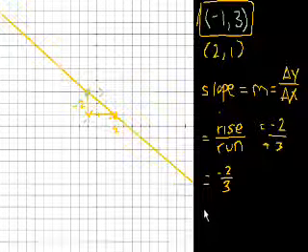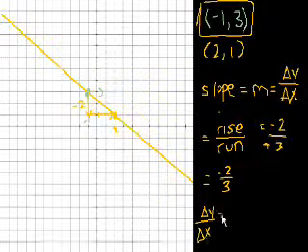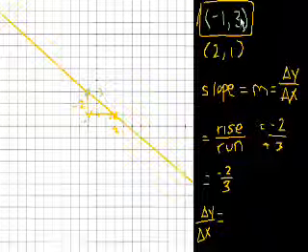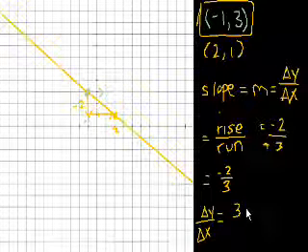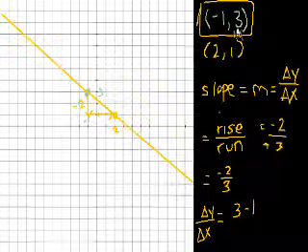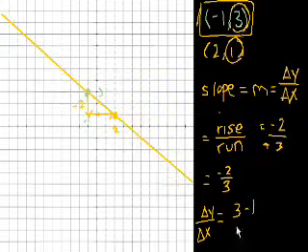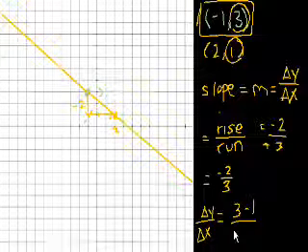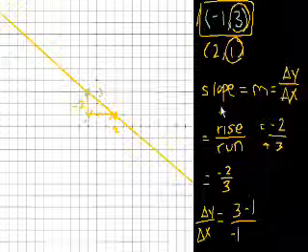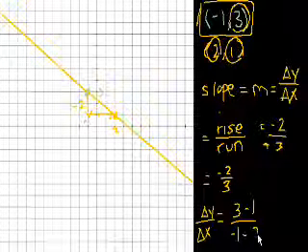Change in y over change in x is equal to, we take the first y point, which is 3, and we subtract the second y point, which is 1. Right? You see that? We just took 3 minus 1, so that's the change in y, over, and we take the first x point, -1, minus the second x point, -2.